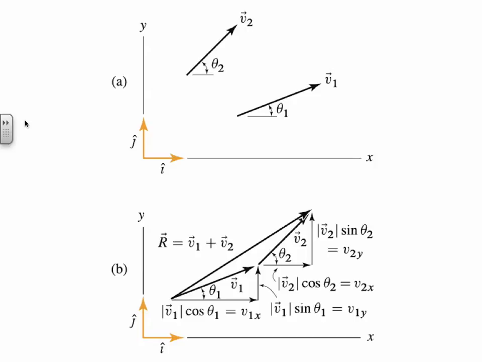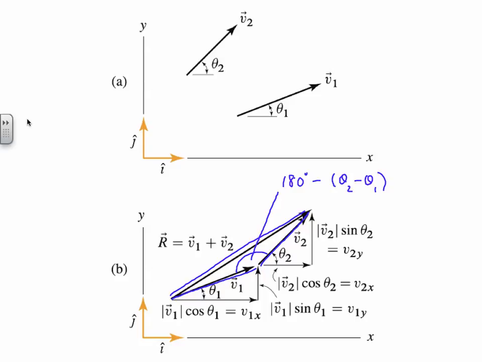The angle between V2 and V1 is 180 degrees minus the difference between theta 2 and theta 1. Knowing the magnitude of V1 and the magnitude of V2, we use the law of cosines to find the resultant magnitude r.